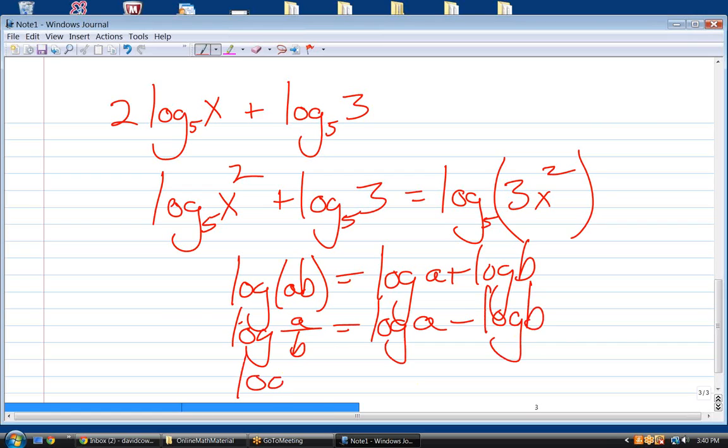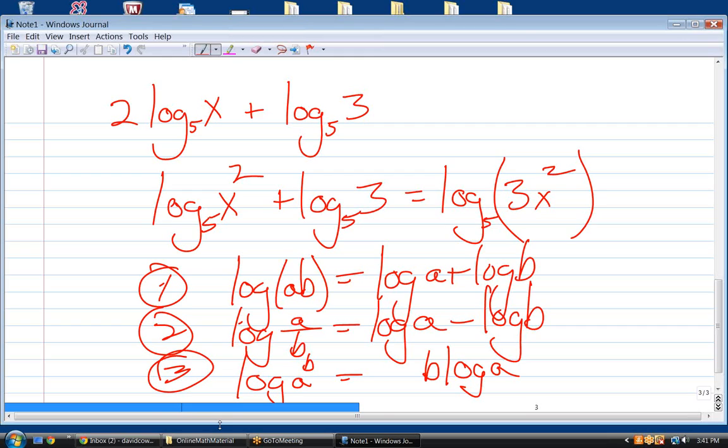And the log of a raised to the b power is b times the log of a. 1, 2, 3. Being able to go backwards and forwards. Going to the right is expanding, going to the left is condensing.